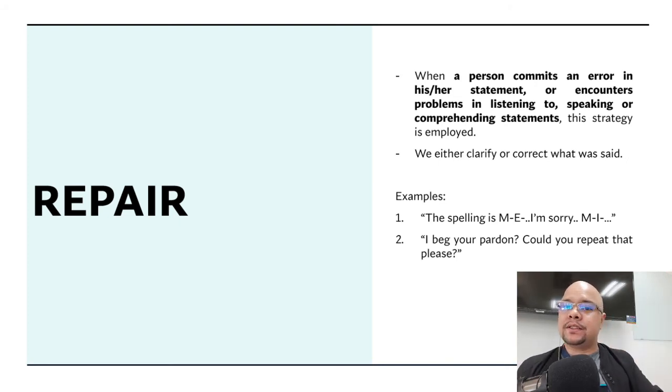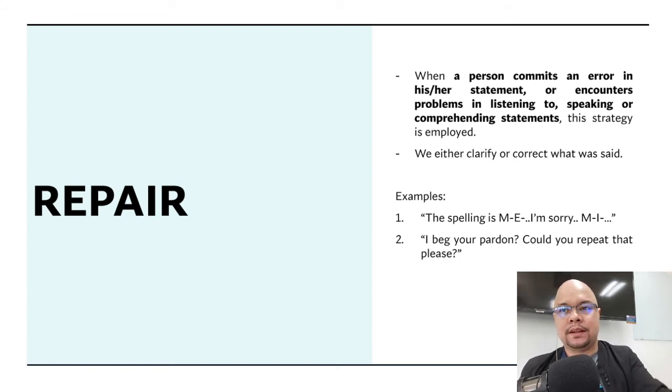Now, repair is used for two possible reasons. One is for clarification, when we did not understand the statement, or for correction, when we want to correct an initial statement or what was previously said. I'll give you two examples. First, the spelling is M-E, it's M-I.